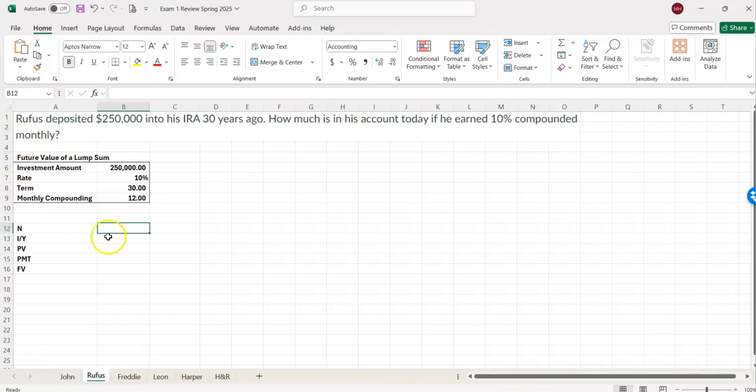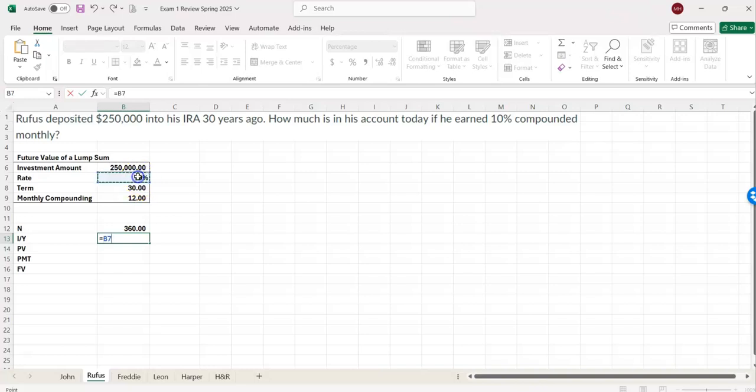So N is our number of periods. The 30 years is the term, monthly, so 30 times 12. IY is the rate divided by 12. We need a monthly rate. And then PV is entered as a negative.